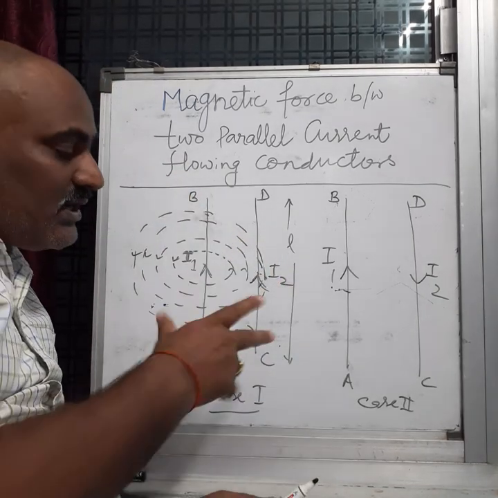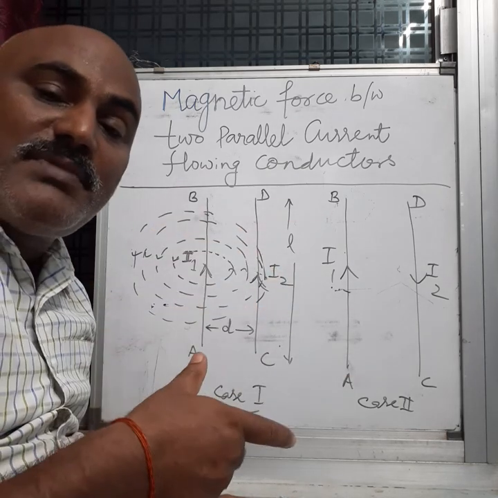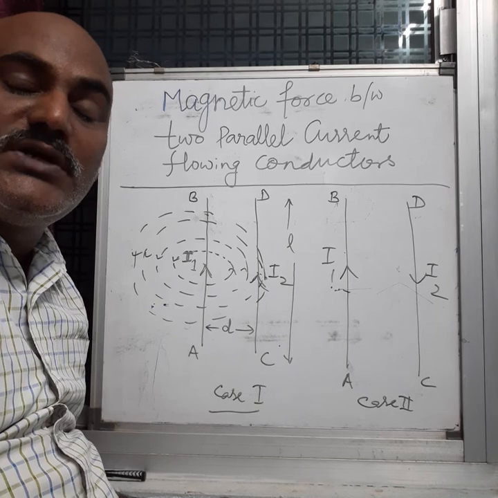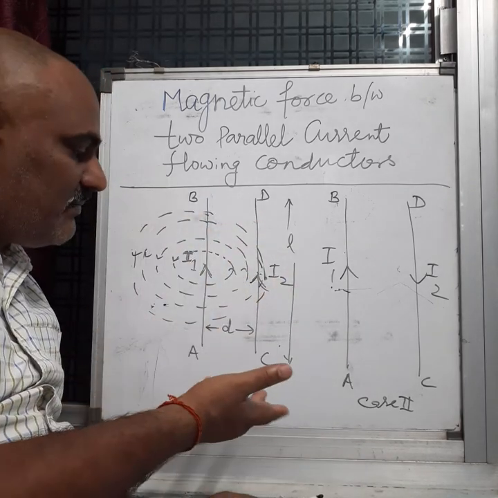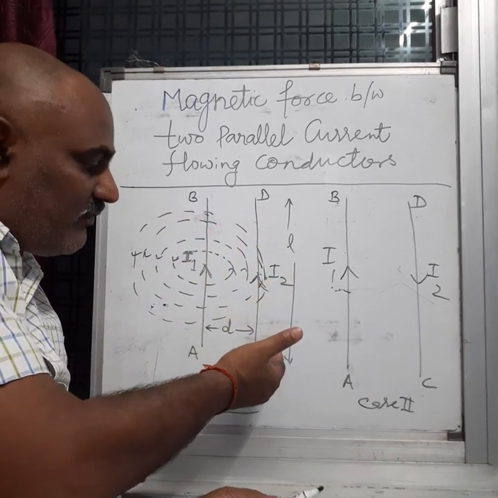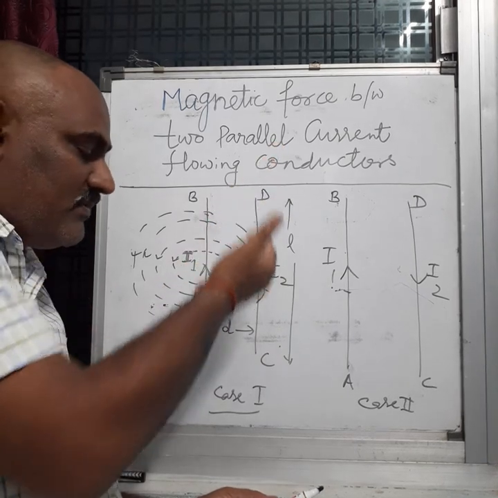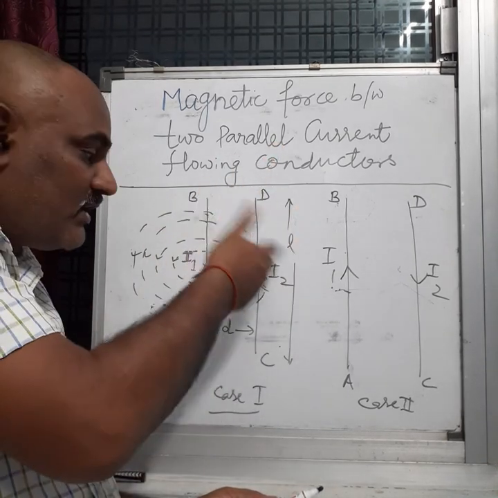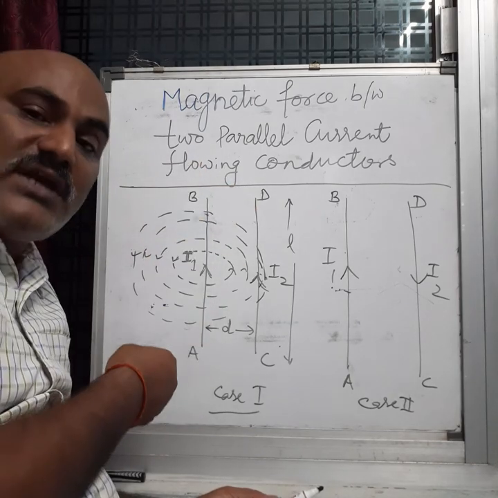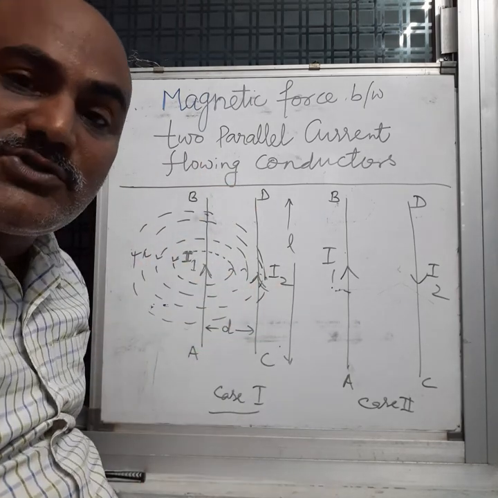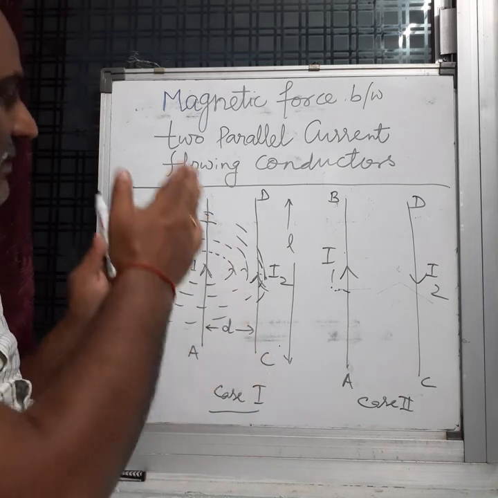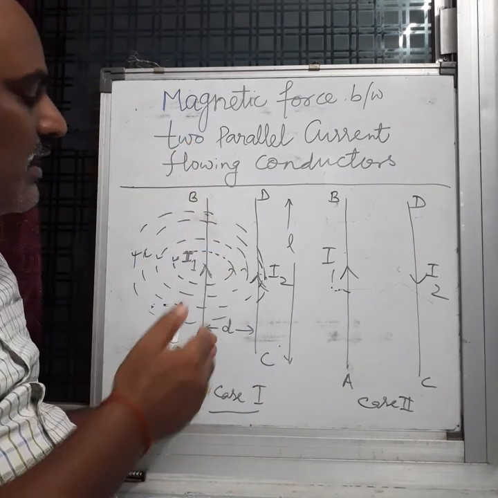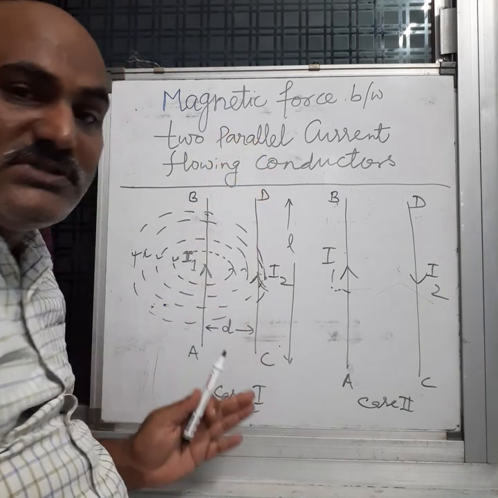So a magnetic force is produced on CD. Similarly, when current I2 flows, a magnetic field is produced due to I2, and in that magnetic field AB is kept, so a magnetic force is also produced on AB. Means a magnetic force is produced by AB, and a magnetic force is produced by CD.